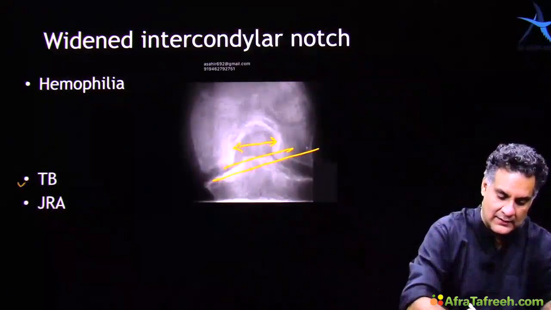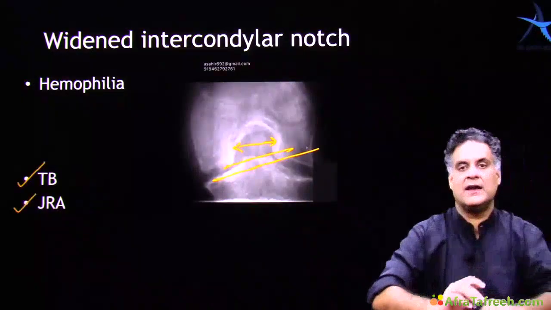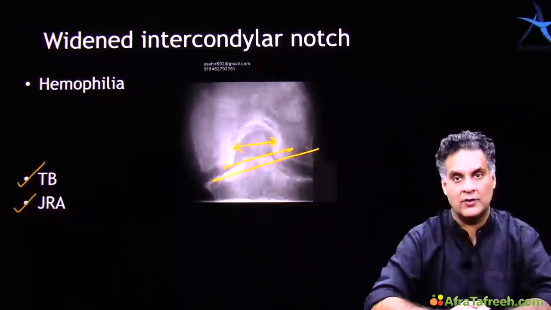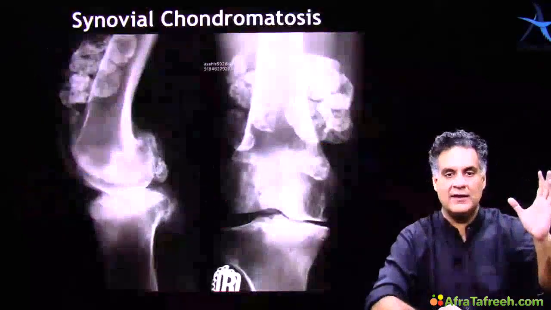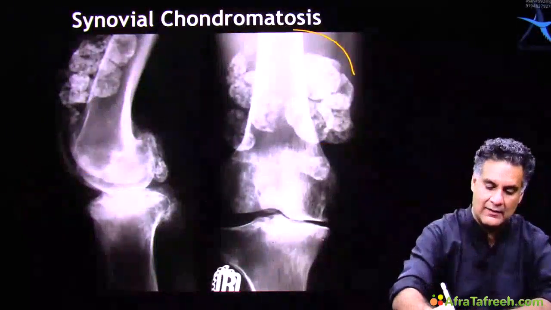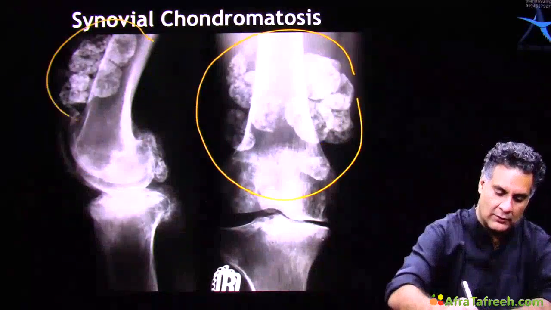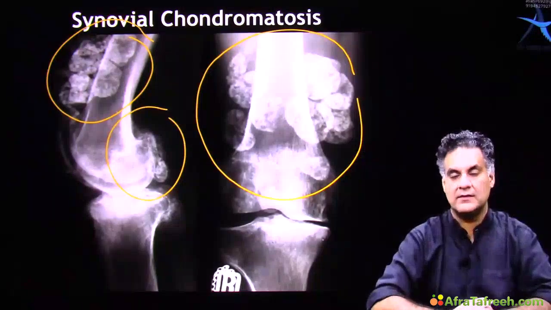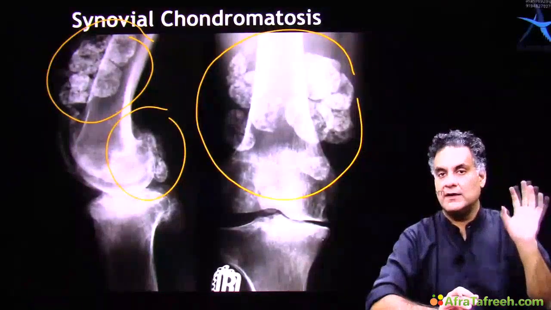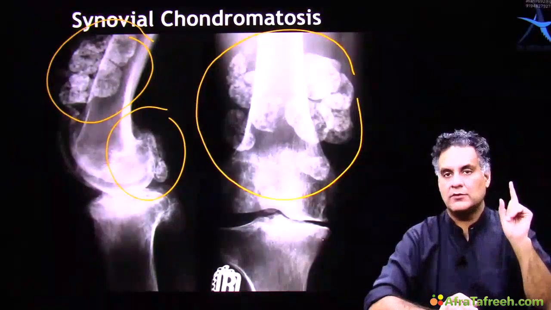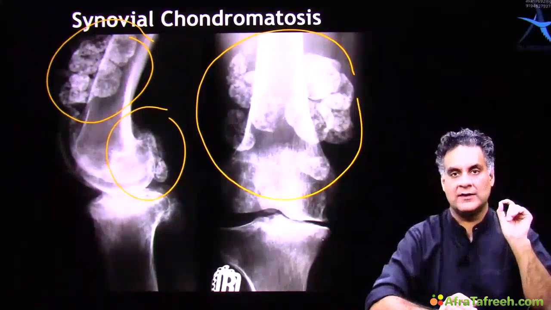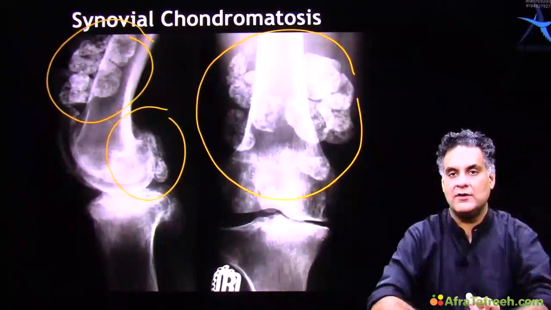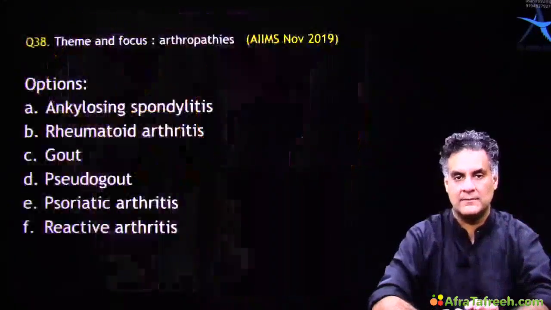It's also seen in tuberculosis and juvenile rheumatoid arthritis, the widened notch, but characteristic is hemophilia. And when you have multiple loose bodies all over, that's called synovial chondromatosis. This is the most common cause of multiple loose bodies. But the most common cause of loose bodies is osteoarthritis. Most common joint where you have loose bodies is the knee joint.